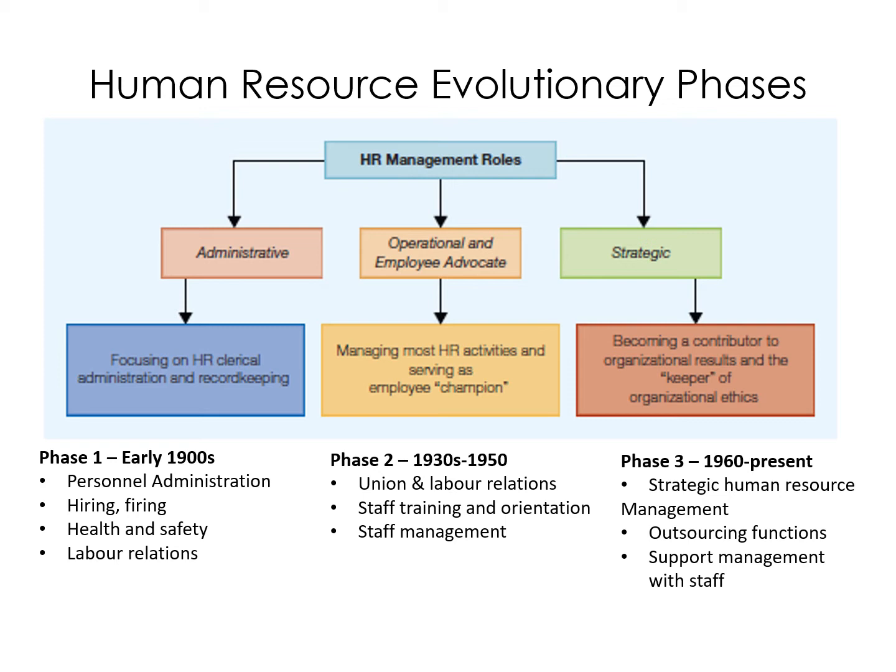Because about that time, we started to learn a little bit more about the psychology of people and how to motivate them. So you saw that changing within the practices of organizations, with people being hired to deal with union and labor relations, as well as people hired specifically for the purpose of training staff so that they could perform optimally within the organization, and also to help managers manage their staff effectively.